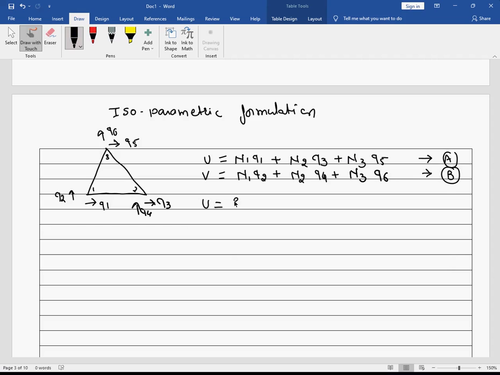So U equals zeta Q1 plus eta Q3 plus (1 minus zeta minus eta) into Q5, and V is equal to zeta Q2 plus eta Q4 plus (1 minus zeta minus eta) Q6.